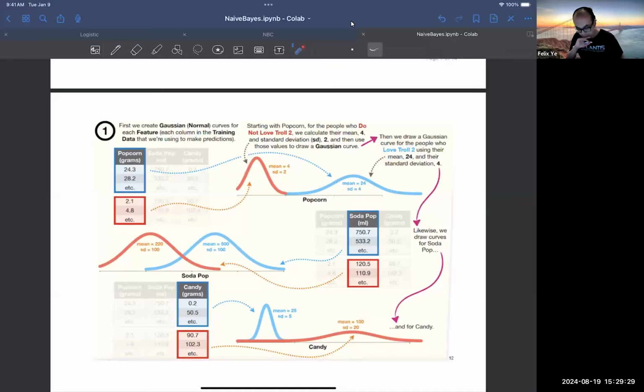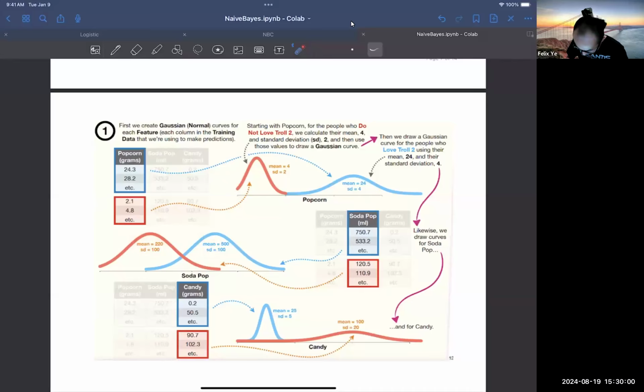So all you need to do is keep those standard deviations and means right here. You can apply the same fitting techniques to all the other features, including soda and candies. For soda, one mean is 220 and the other mean is 500, but the standard deviations are the same.